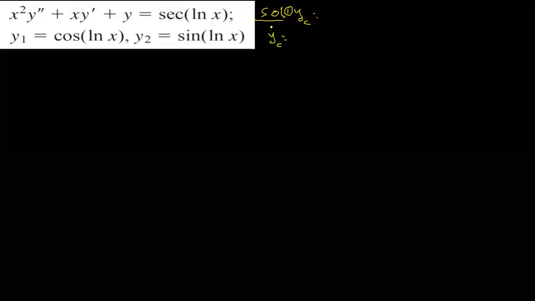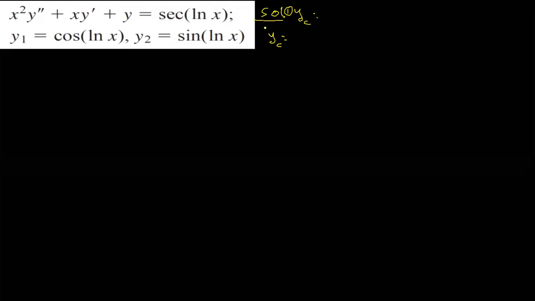Don't forget that he gave you y1 and y2 as the solutions for the homogeneous equation. So the yc will be what? C1 y1 plus C2 y2. Great, C1 y1 plus C2 y2.